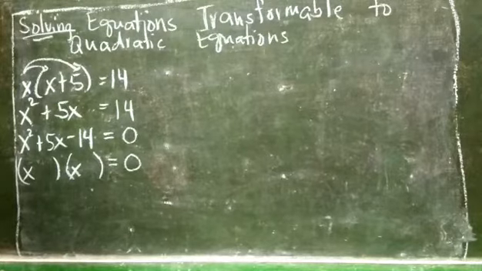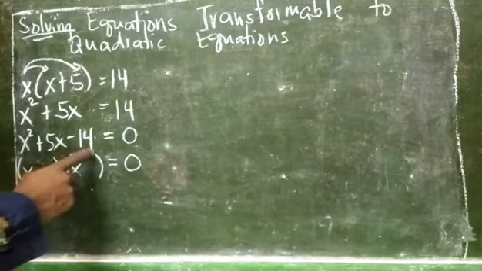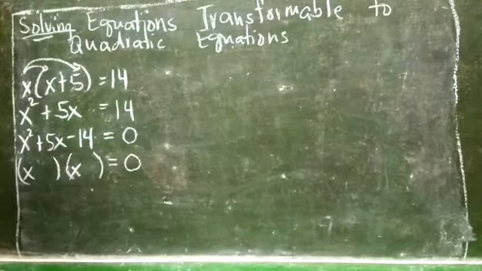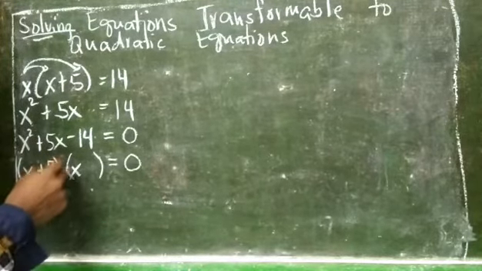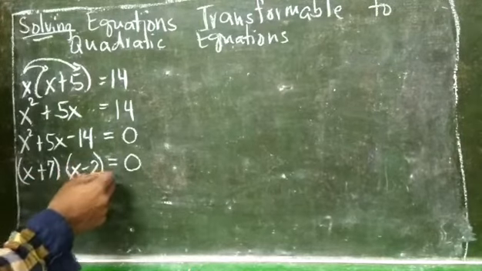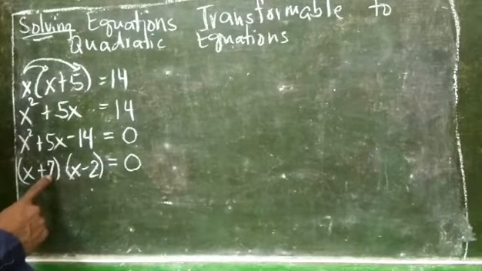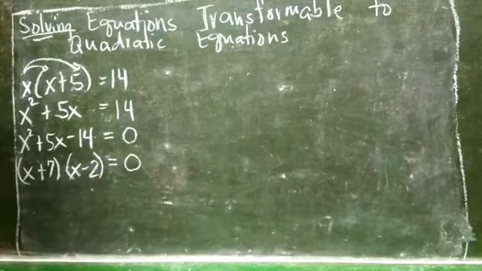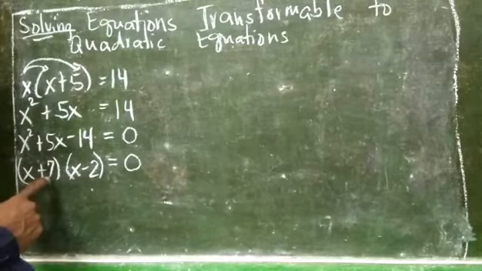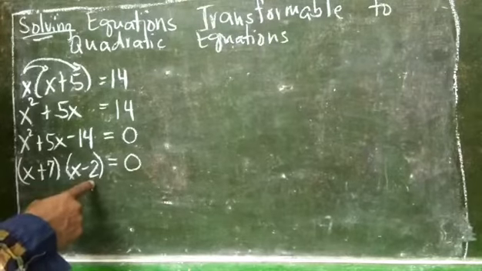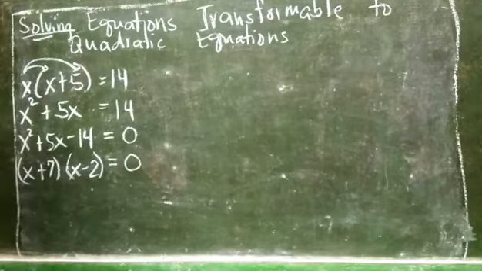Okay, so in this case, ang factors ng negative 14 na merong sum na 5 ay positive 7 and negative 2. Okay, so kapag pinag-multiply itong 7 and negative 2, negative 14 ang makukuha. At the same time, when you add 7 and negative 2, the result is 5.